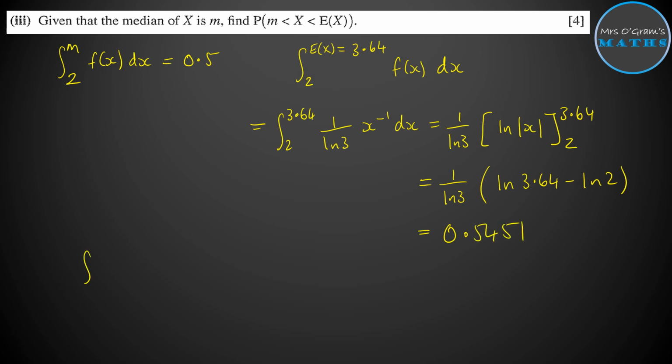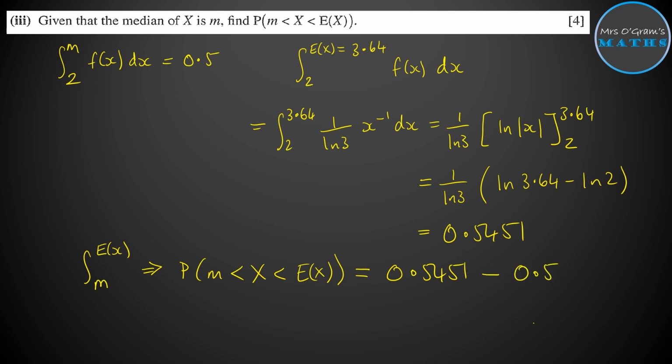So then the integral between m and E of X to give our probability will be to do that 0.5451, because that's everything up to E of X, take away everything up to the median, and that gives us 0.0451.